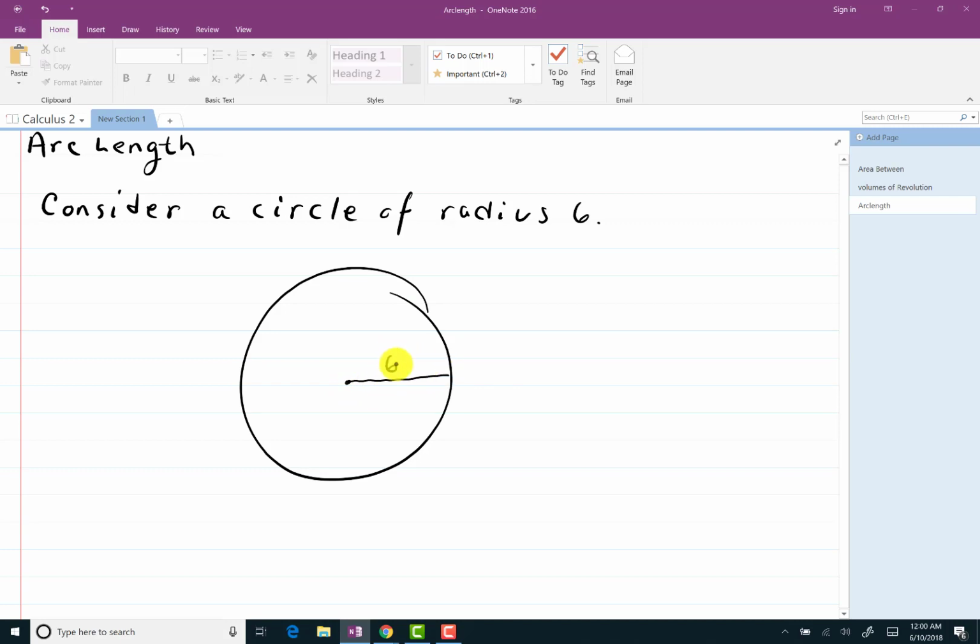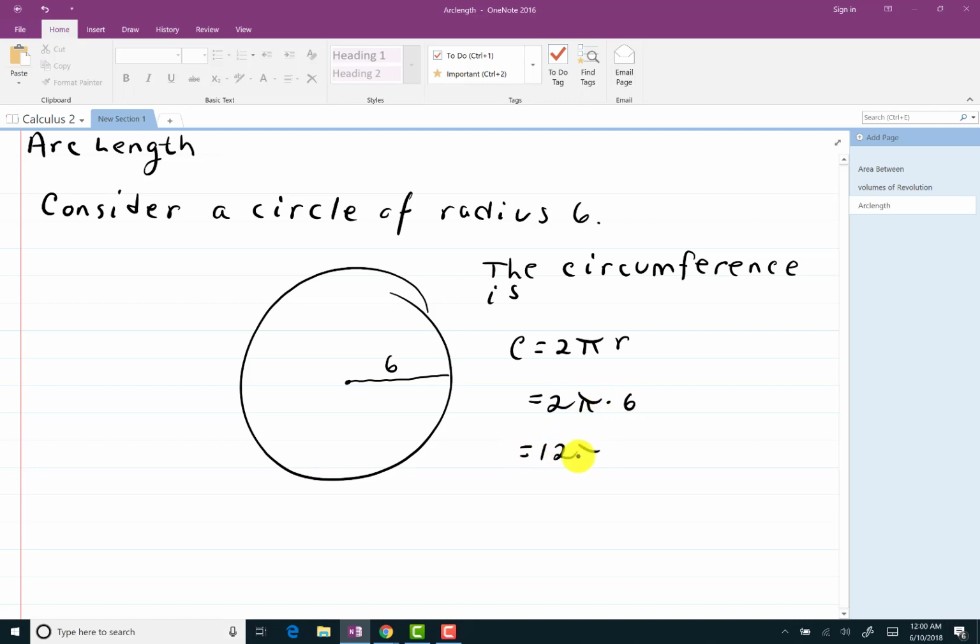The circumference is C equals 2 pi r. So this is 2 pi times 6, which equals 12 pi. What is the circumference? The circumference is the length around the circle.